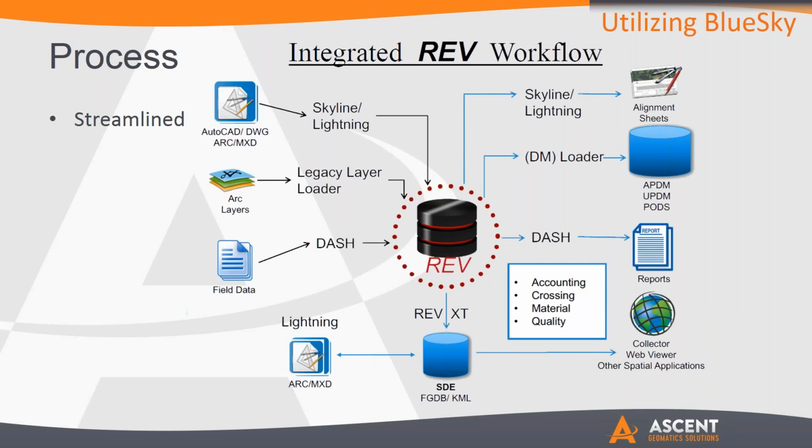Yeah, so what you can see here on the screen is basically this streamlined process using these tools from field data. You see that here on the left side, that's our survey data from the field coming into the office, automated through Dash. That's being pushed through the brainchild there in Rev.